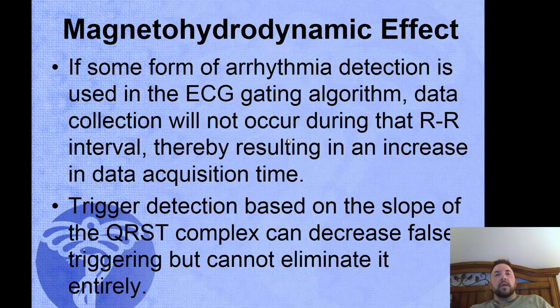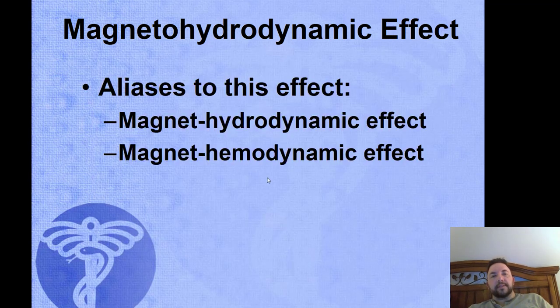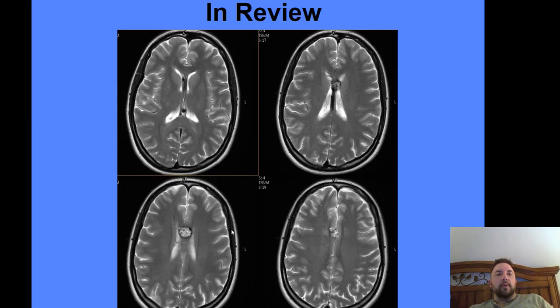When you have the green inside the MR scanner compared to the red, you see an elevated T-wave that occurs in the presence of an MR scanner. So here are the R's, they're okay, but the T-wave has a pretty significant swelling within the actual magnet itself. Why? Magnetohydrodynamic effect. There are also other names for it, but usually it's the magnetohydrodynamic effect.